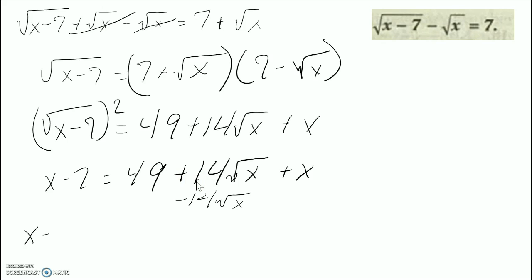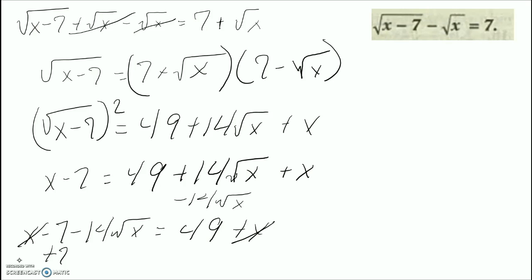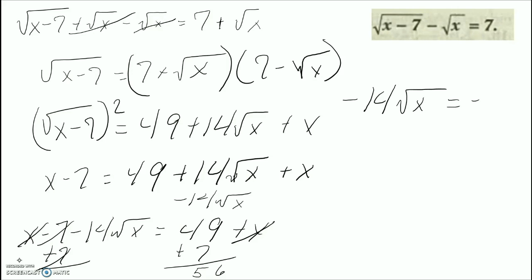So we have x minus 7 minus 14 square root of x equals 49 plus x. As we saw previously, if I subtract x from both sides, they both cancel out. I'm going to add 7 to both sides. So that cancels that out, and this makes it 56. So now I have negative 14 square root of x equals 56.